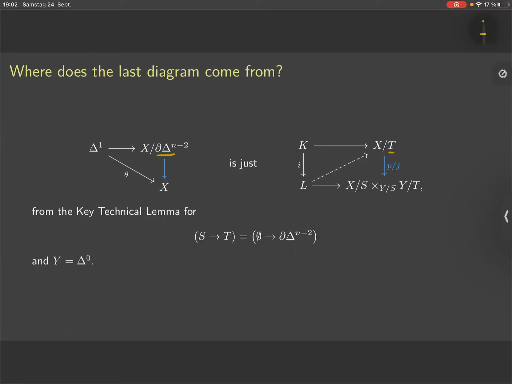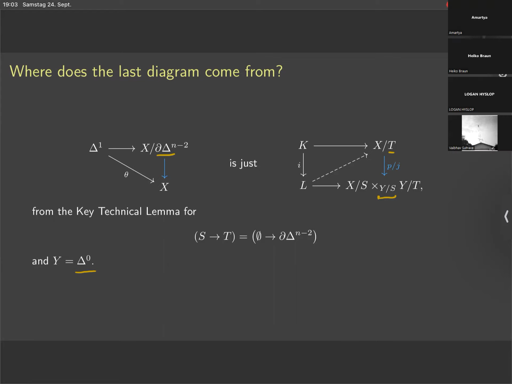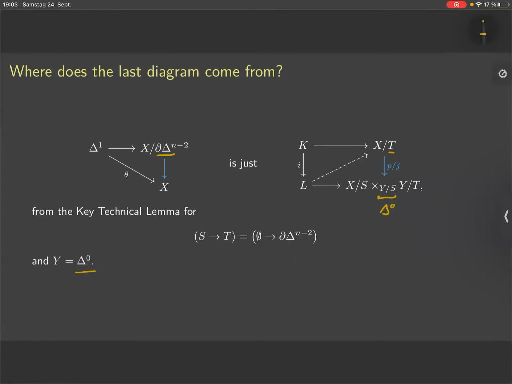And when we take Y the empty set, then the slice over the empty set, the terminal simplicial set, actually gives here also delta 0, and equally here.